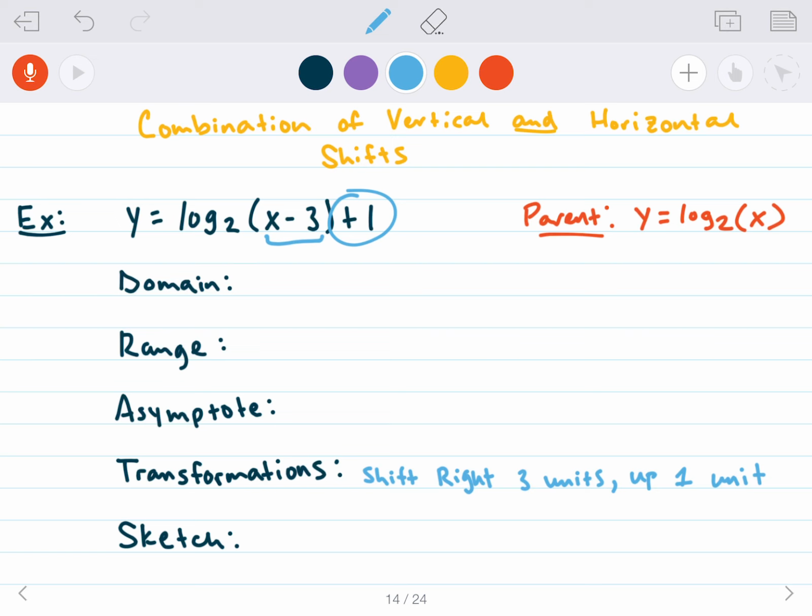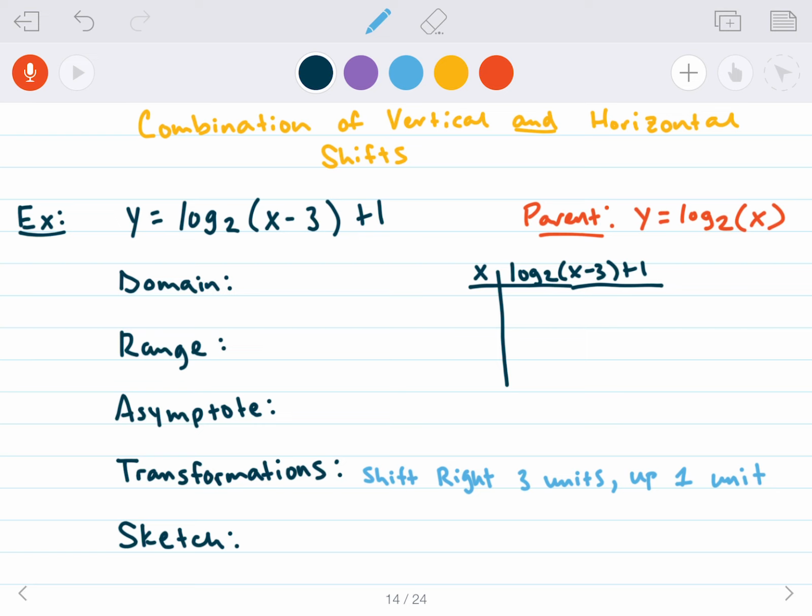Okay. So let's talk about the sketch of our graph next. First thing, I'm going to make a pretty simple t-chart here. Remember the 2 points we really care about with these logarithm functions? We care about the vertical asymptote, and we care about when the argument equals 1.